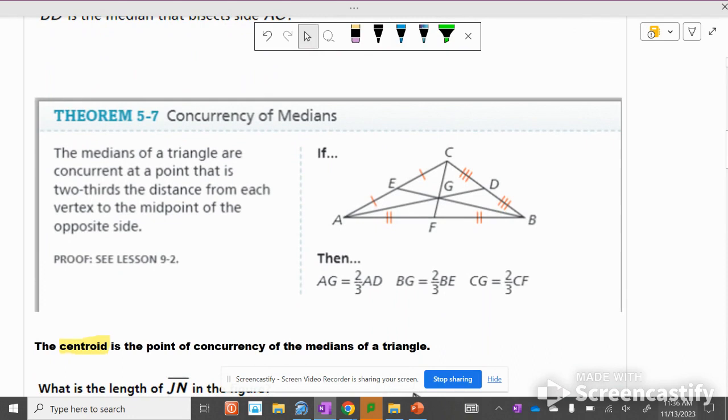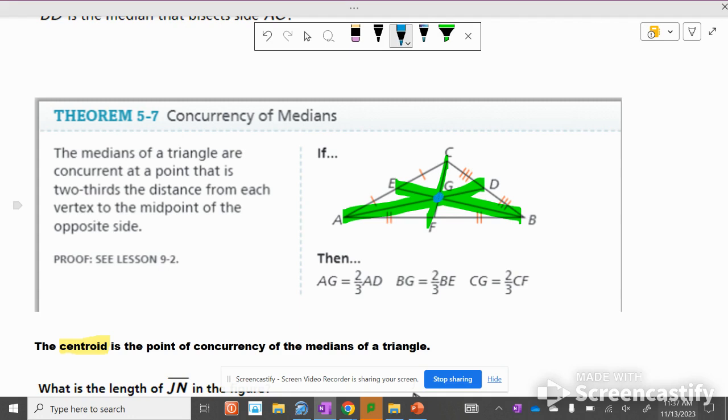Now, medians. When three medians meet in a triangle, they cut each other proportionally. The long part is 2/3 of the whole thing. The short part is 1/3 of the whole thing. The centroid is the point where the medians cut each other, actually this point right here in blue.